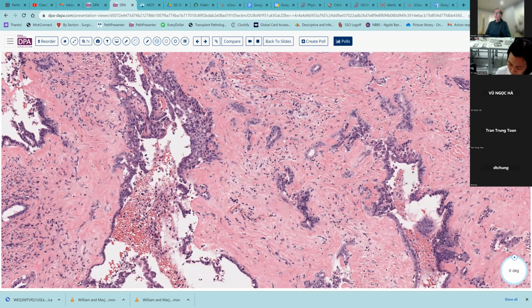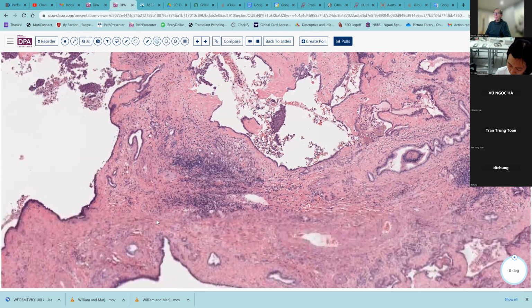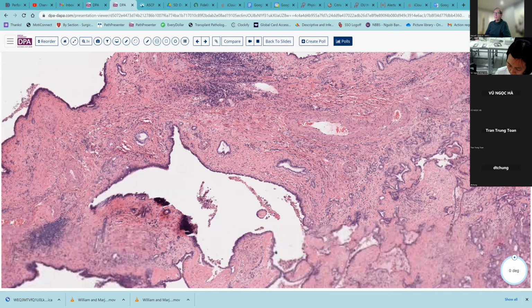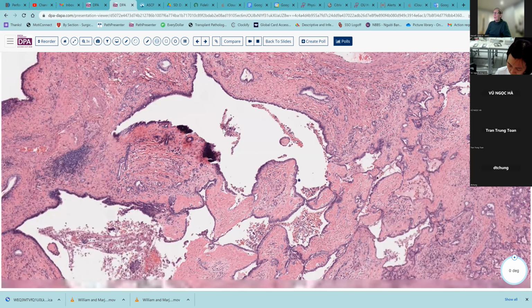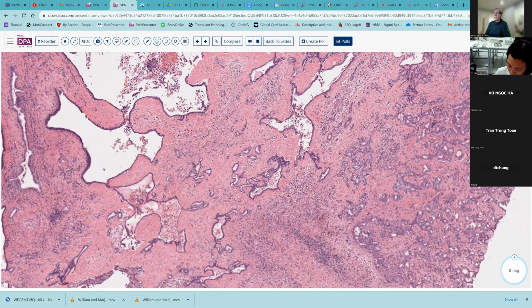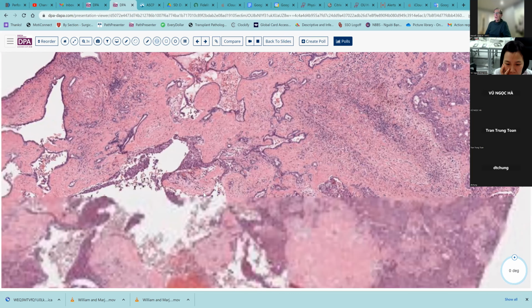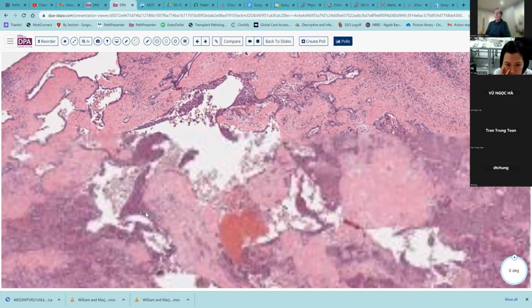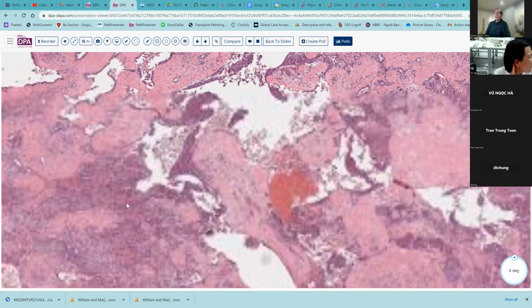One of the morphologic hallmarks of that is the development of more solid invasive neoplastic areas in various proportions within the tumor. So here we see these large spaces, some intermingled small spaces, and then as we come to the periphery of this tumor, we can see a more solid pattern of growth.